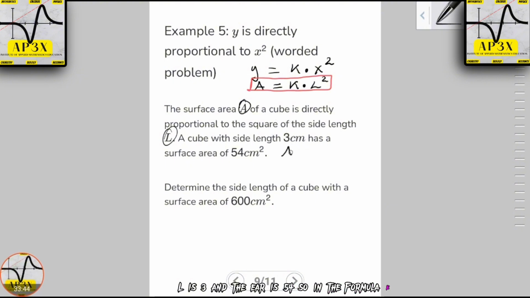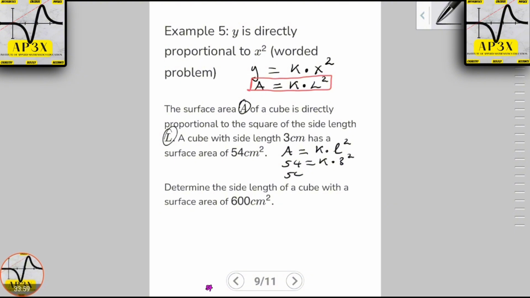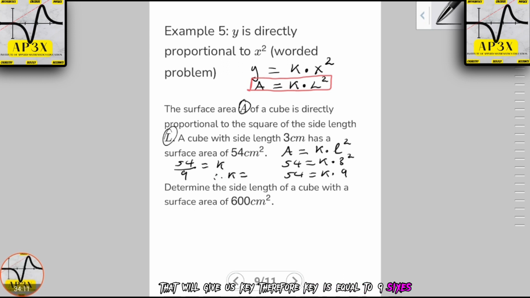So in the formula, A equals K multiplied by L squared. 54 is equal to K, which is unknown, multiplied by the side length 3 squared, that's 9. 54 is equal to K multiplied by 9. So if we divide both sides by 9, that will give us K. Therefore, K is equal to 9 times 6 is 54. So 9 into 54 goes 6. Okay, so that's the constant of proportionality.